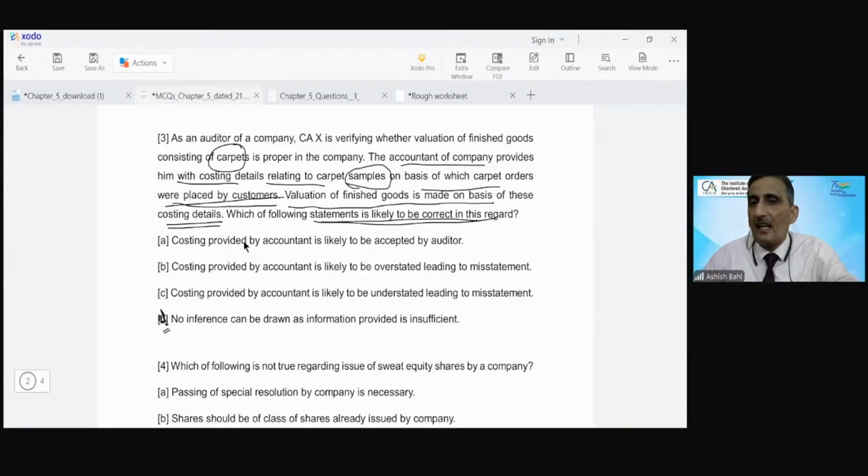Ankit is saying A. So all different answers.